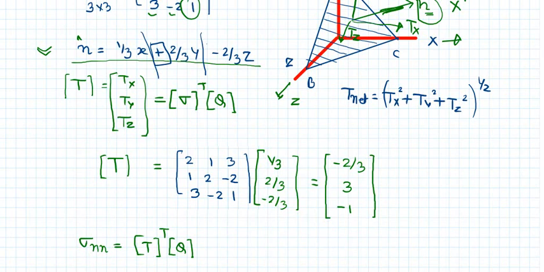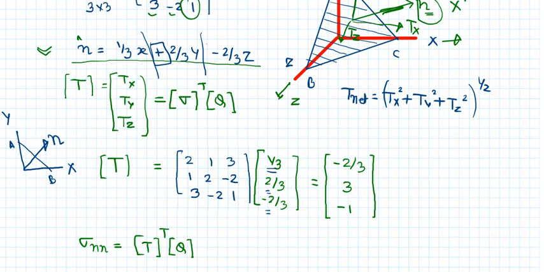So the direction cosines will be 1 by 3 with respect to x, 2 by 3 with respect to y, minus 2 by 3 with respect to z. Now what does it mean? It means that this normal vector, as we discussed in the previous class, let us take a two dimension case, if this is the normal vector on this particular plane AB, its normal direction is along this.